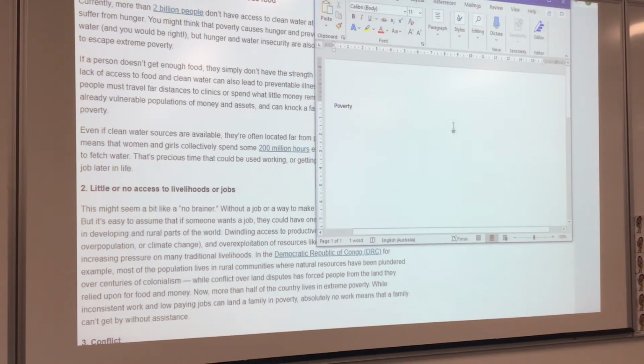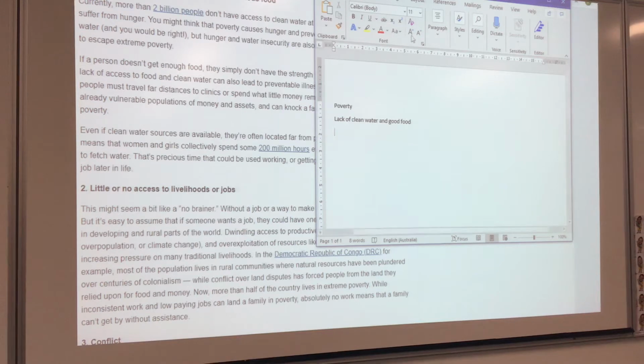Okay, so inadequate access to clean water and nutritious food. So lack of clean water and good food. Could use the word nutritious if I want, but I'm just going to do that.